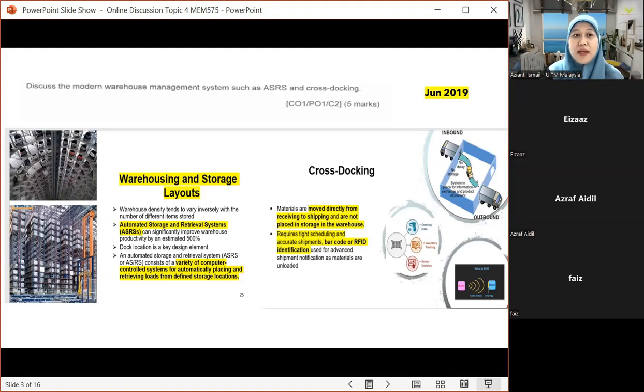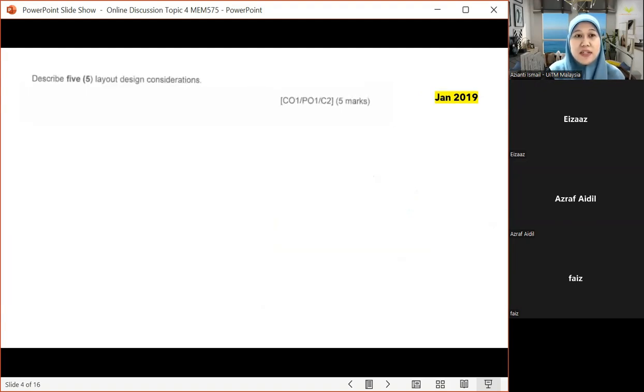Alright, 5 marks on that. Okay, this is another one on theory. Describe 5 layout design considerations. Contohnya nak raya, so you nak, mak kata okay jom semua orang tolong kita nak ubah furniture. Kita kena consider apa? Kita kena consider make sure tak ada sofa letak betul-betul depan TV, cover the TV. Okay, kita tak nak letak sofa dekat dengan makan, terlalu dekat sampai orang nak gerak tak boleh.